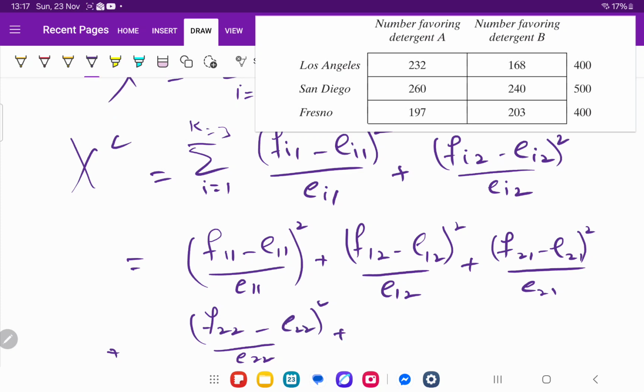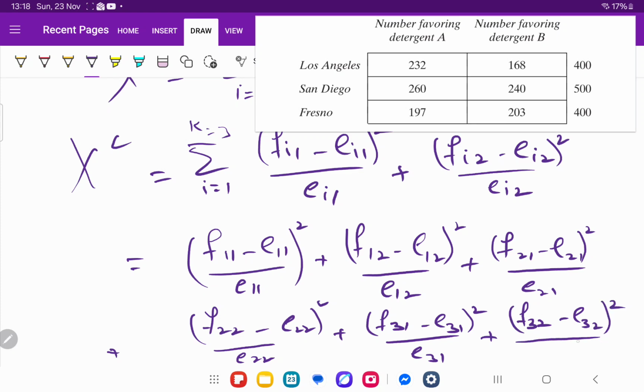And plus now we apply the third value, i equal to 3: F31 minus E31 whole square over E31, plus F32 minus E32 whole square over E32.